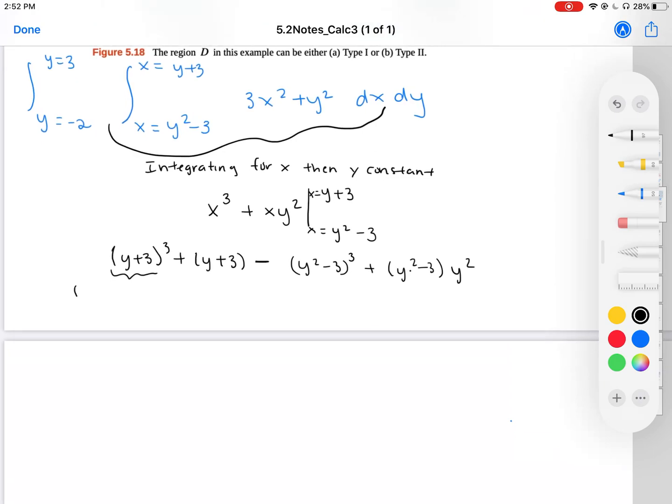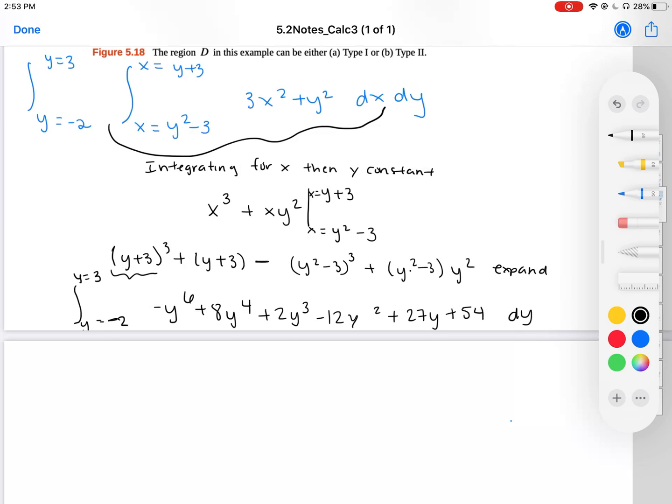You should get at the end, after you expand, we still have y equals 3 and y equals negative 2. And we are evaluating for negative y to the 6th power plus 8y to the 4th power plus 2y cubed minus 12y squared plus 27y plus 54 dy.